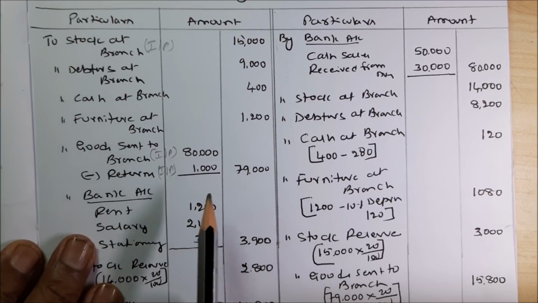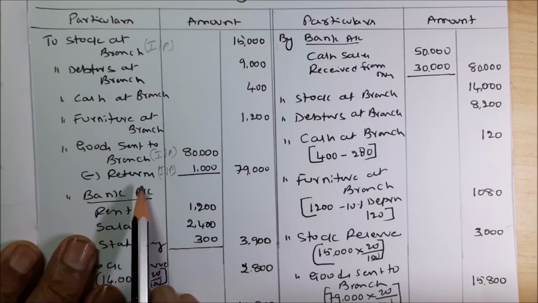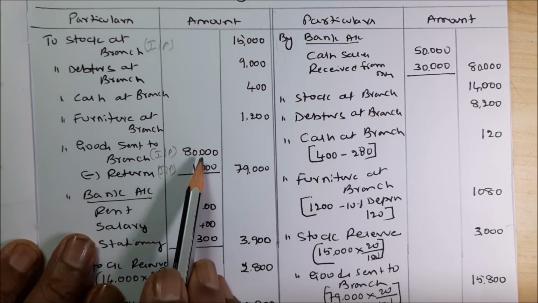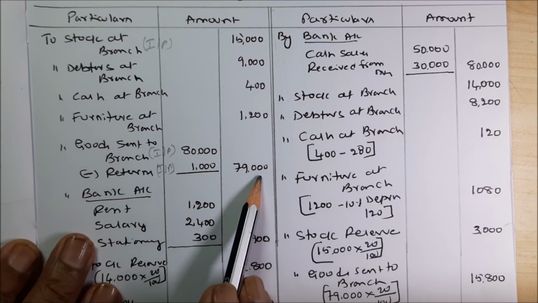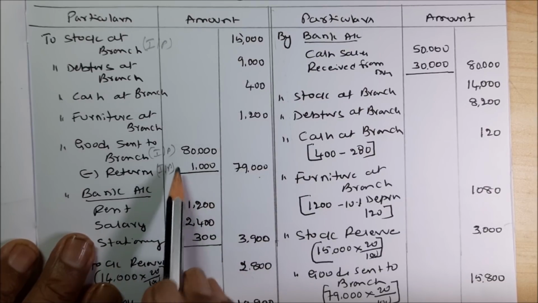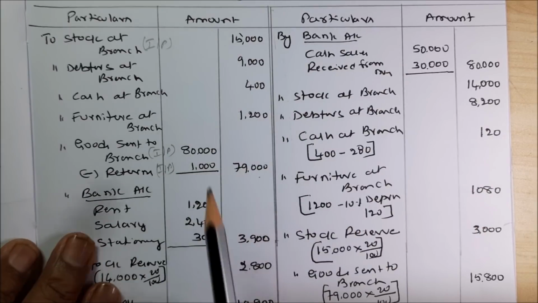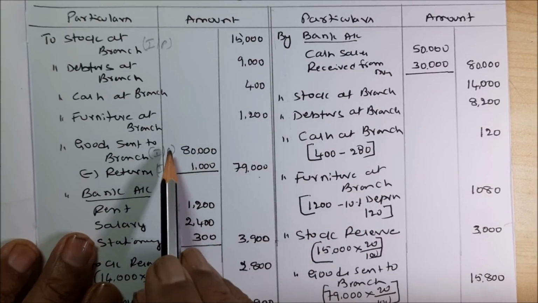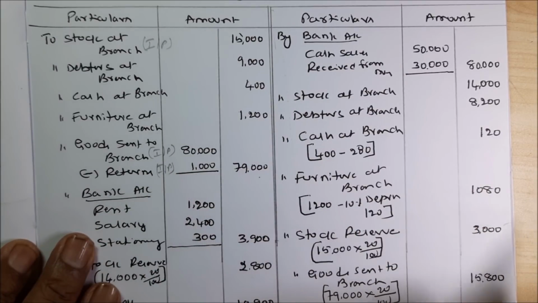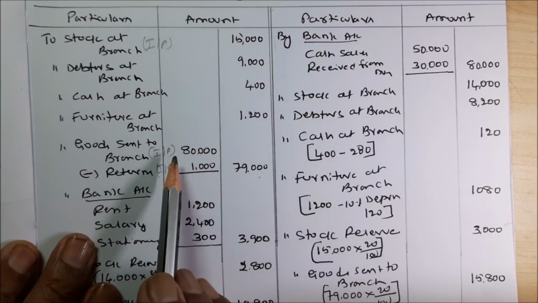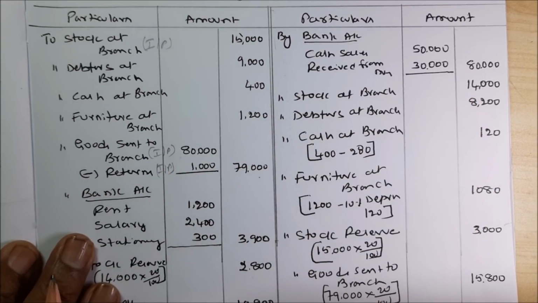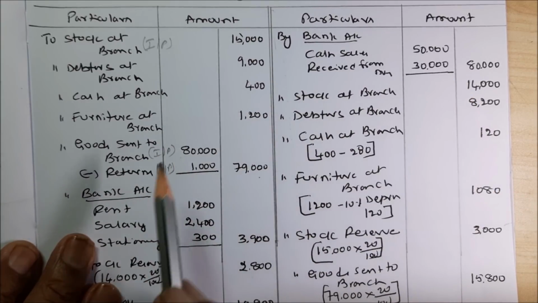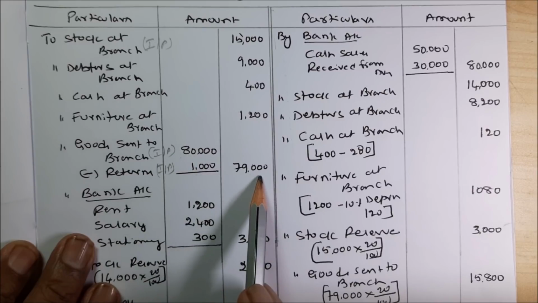Now I have done that method also: 80,000, then 1,000 deducted, the amount is 79,000. Instead of writing on the other side, I have written it this way. Why did I do it like that? Everything is IP. When IP is there, you are supposed to write the reserves. This way you can avoid confusion. 80,000 minus 1,000 is 79,000.